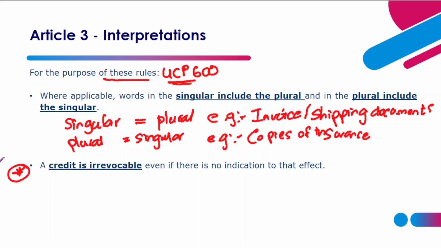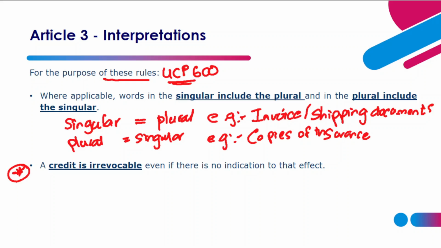You don't have to mention anywhere on the face of the letter of credit or give any indication that this letter of credit is irrevocable. By default, when you issue a letter of credit in line with UCP 600, that is irrevocable, even if you don't mention it. That's what this interpretation says.